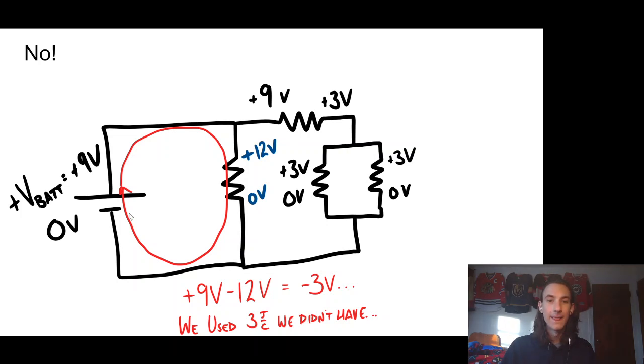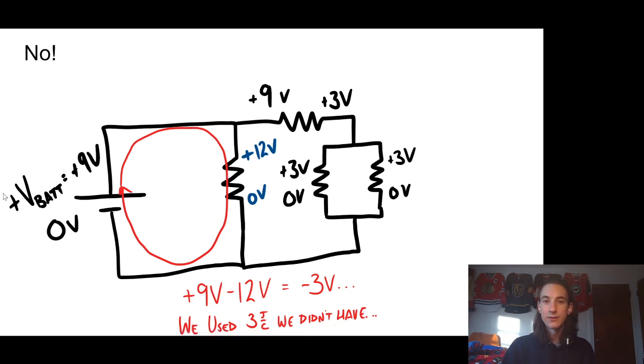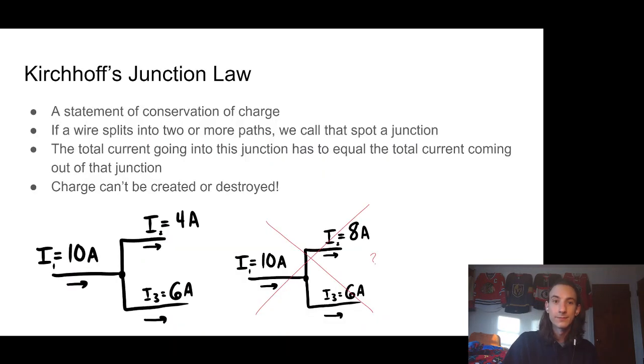It's weird. What that says is we added 9, we took away 12, so we used 3 joules for every 1 coulomb that we put in that we didn't have. We didn't have that 3, but we used it. So we're in debt with 3 joules for every 1 coulomb. That doesn't make any sense. That doesn't satisfy conservation of energy. So that's no good. That's why our loop rule is great, because it's conservation of energy. That's all that it is.